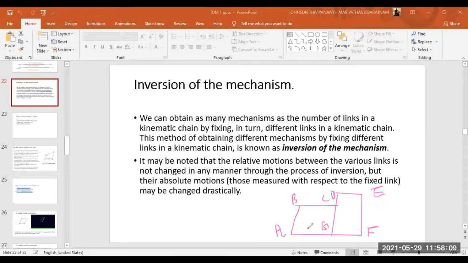I can fix the link AG, or the link AF, or the link FE. Based on which link I fix, there can be different motions.